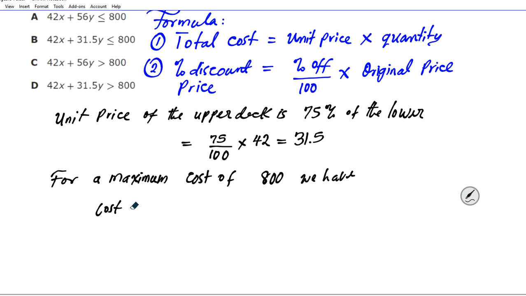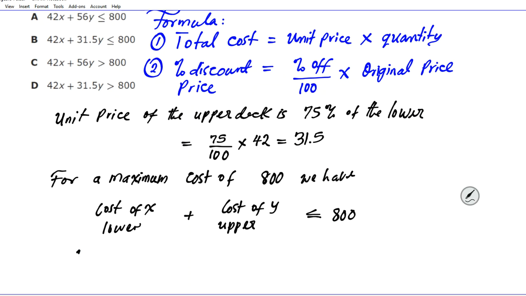So the cost of X lower tickets plus the cost of Y number of upper seat tickets has to be no more than 800, or basically less than or equal to 800. Okay, so how do you compute the cost of X lower tickets?